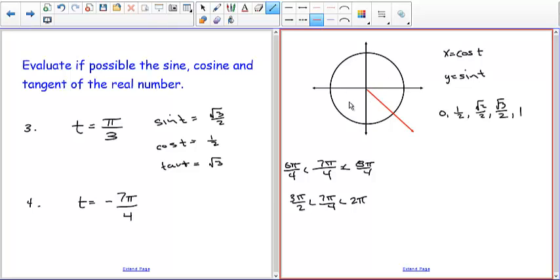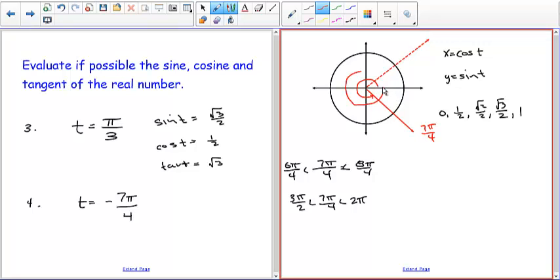Okay, so that's 7 pi over 4. So negative 7 pi over 4 is up here. What's happening is, for 7 pi over 4, we go this way. For negative 7 pi over 4, we go the other way. So you can see that that's my point on the unit circle.